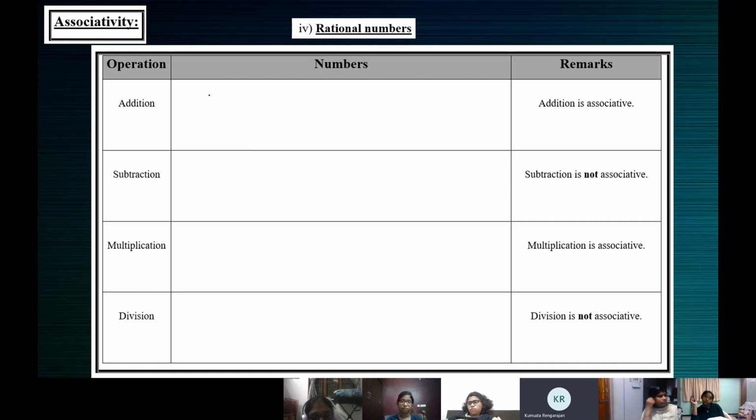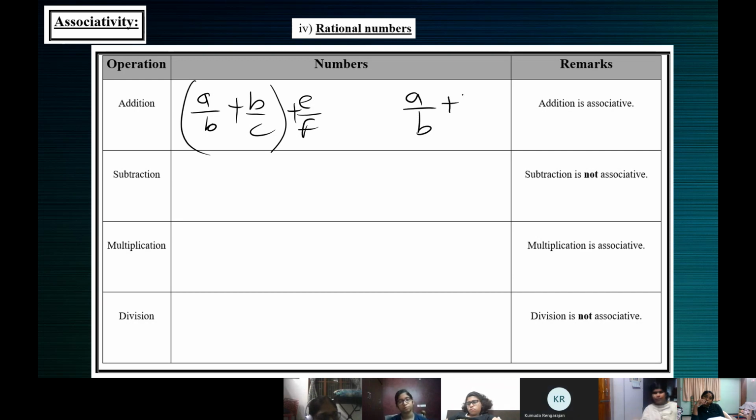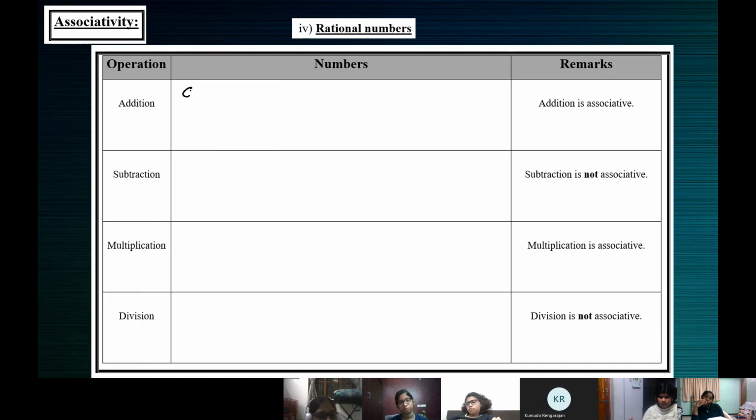So when you take three rational numbers and you group them in different orders, here you group it like this and add. A by B, C by D, E by F. Add.